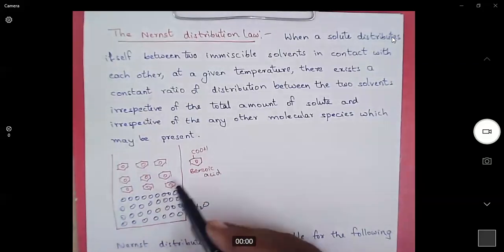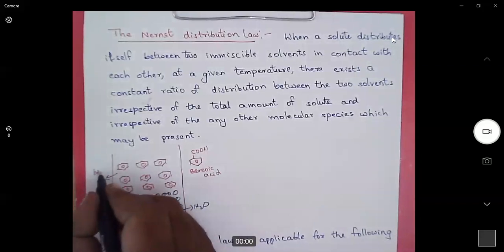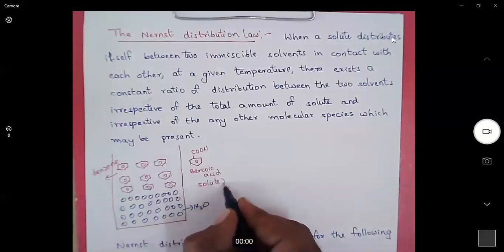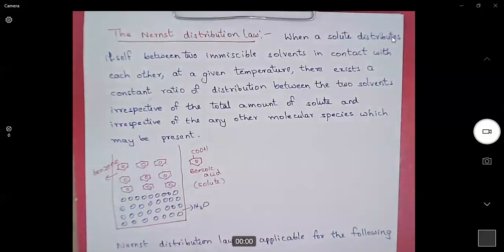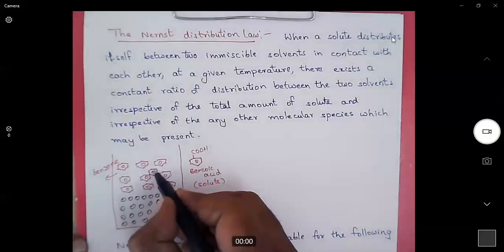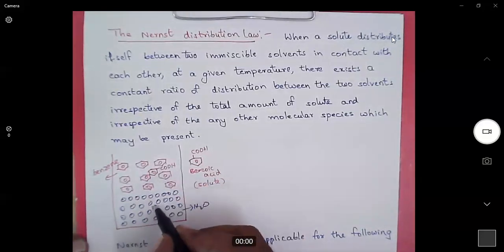Here, the two immiscible solvents are water and benzene, and the solute is benzoic acid. When we add benzoic acid to water and benzene, then benzoic acid will distribute with some constant ratio between the benzene layer as well as the water layer.